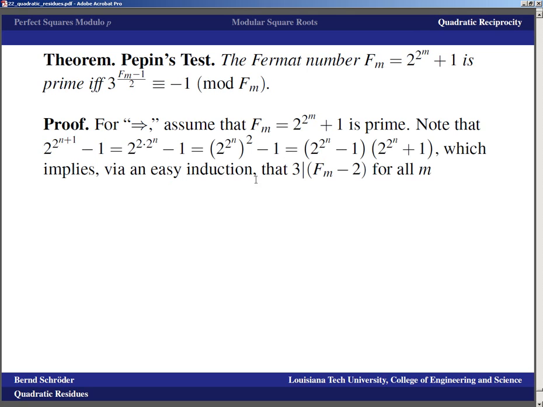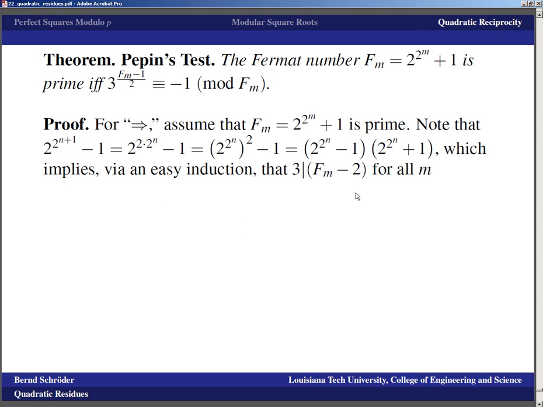Well, that factorization implies via an easy induction that 3 divides Fm minus 2 for all m, because basically if 3 divides the nth Fermat number minus 2, which is 2^(2^n) minus 1, then it divides the (n+1)th Fermat number minus 2.